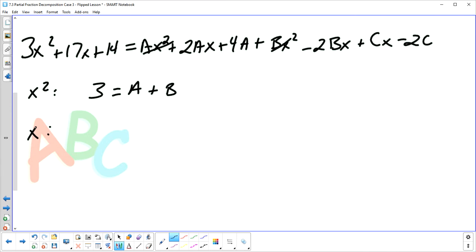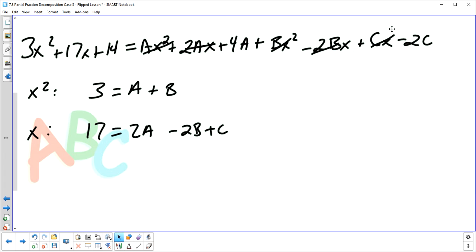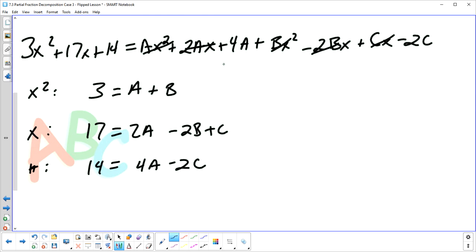If I look at my x terms, I'm going to have 17 on the left side, and then we have 2a minus 2b plus c, because we have a 2ax, a minus 2bx, and a plus cx. And then finally, your last one, your constants: we have 14 equals 4a minus 2c. And if I cross those out, everything is accounted for.